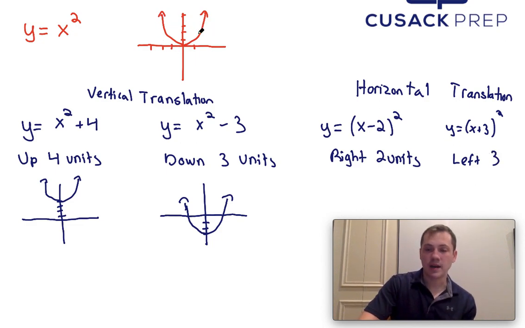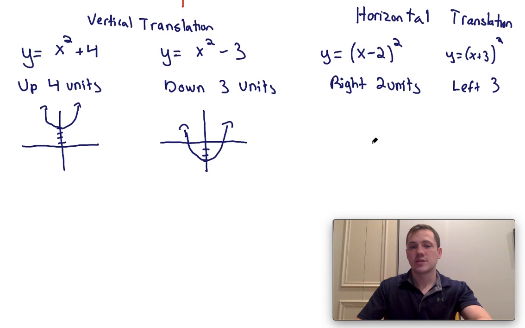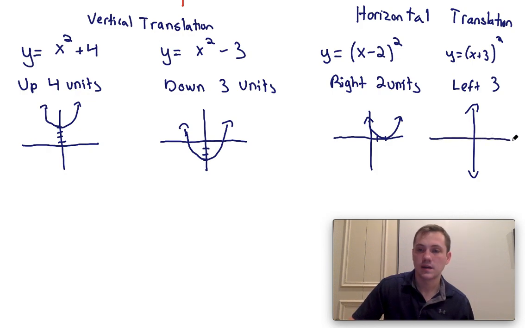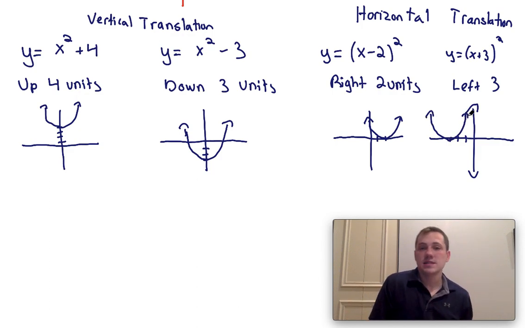So going from the parent function, I'm going to be drawing a graph that is shifted to the right 2 units. Instead of cutting through the origin, it's going to cut through this point here. And a graph that's going left 3 units is going to be going this way here. And that's how you deal with translations.